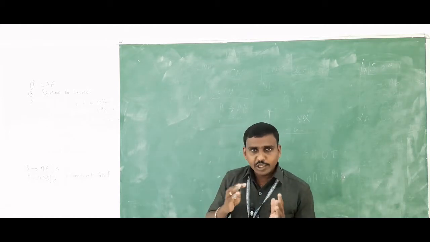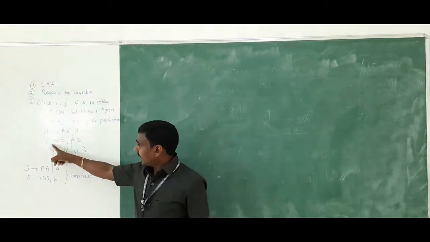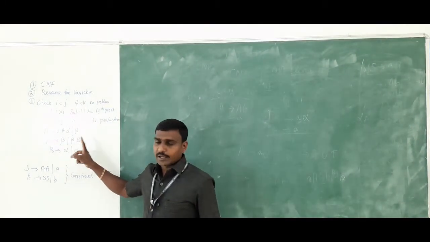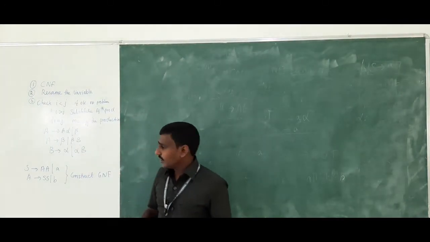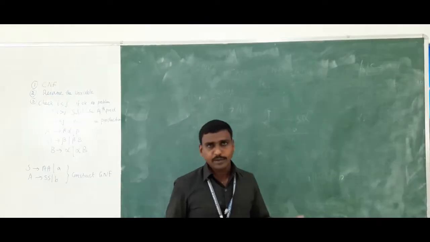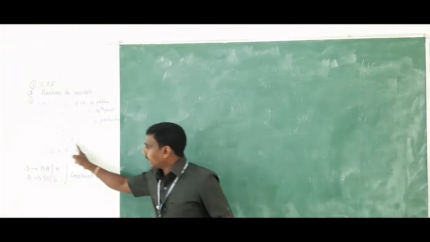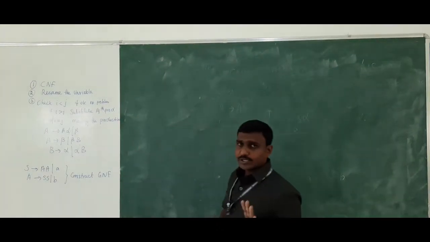And if i equals j, you use this formula: A tends to A alpha / beta, A tends to beta / beta B, and B tends to alpha / alpha B. That is nothing but, if i equals j, you are adding one more variable, or one more grammar. That is the concept. That's all, you just keep this in mind.